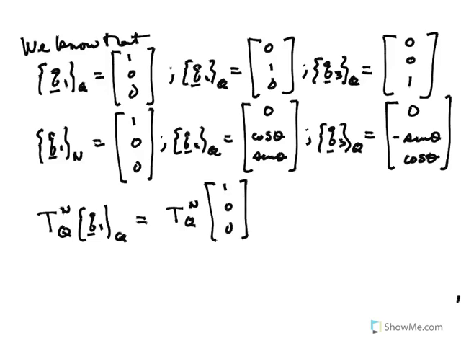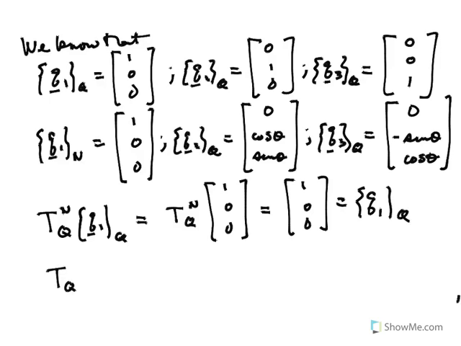Well, this one's not the most interesting one, but that's equal to the vector 1, 0, 0, which is equal to Q1 expressed in N.